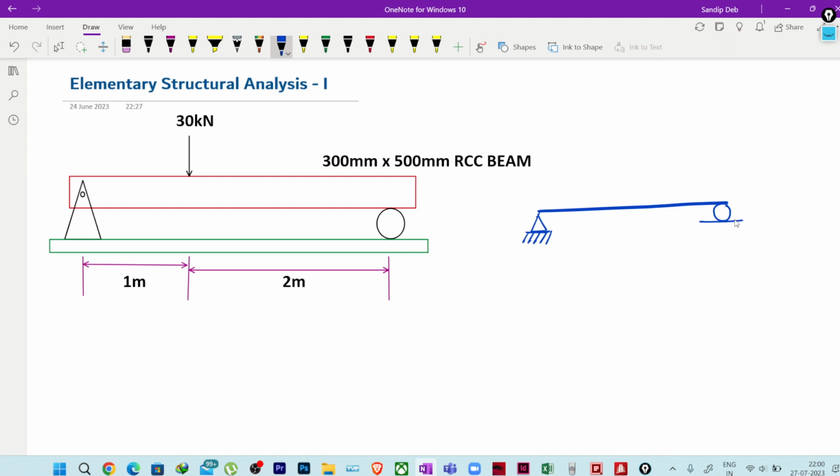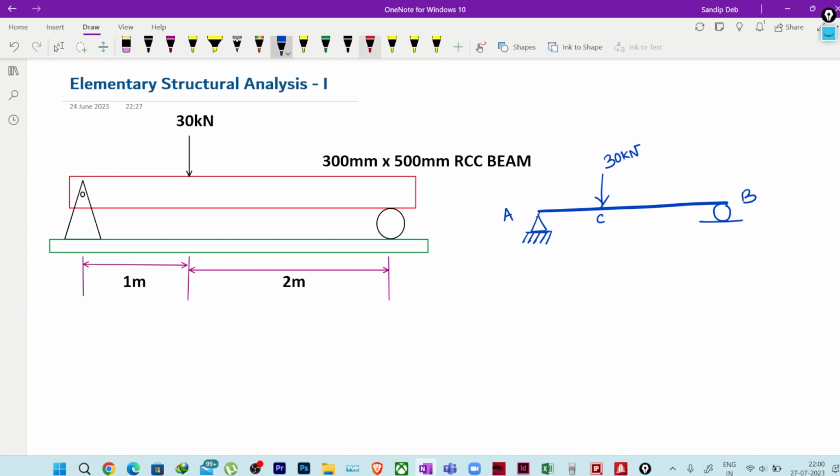At 1 meter from this support, suppose I name it A, and this B, and this point C, so at point C we have a 30 kilonewton point load applied.